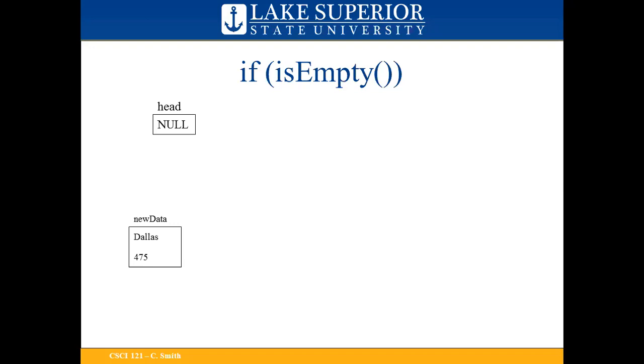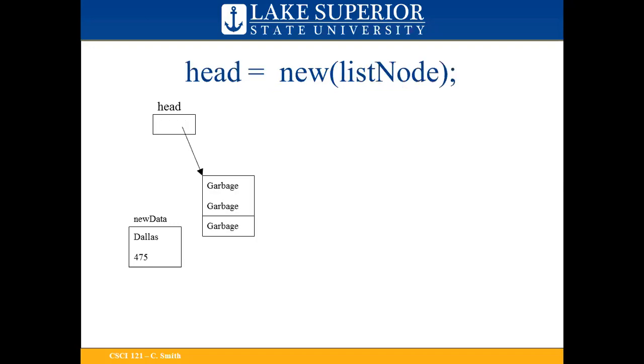And this is the code in that insertion routine. So if it's empty, which it is, then we're going to say head equals new list node. So that's going to allocate us some space. That's memory, and that memory has application data in it, and it has a next pointer because that's what's in the list node.